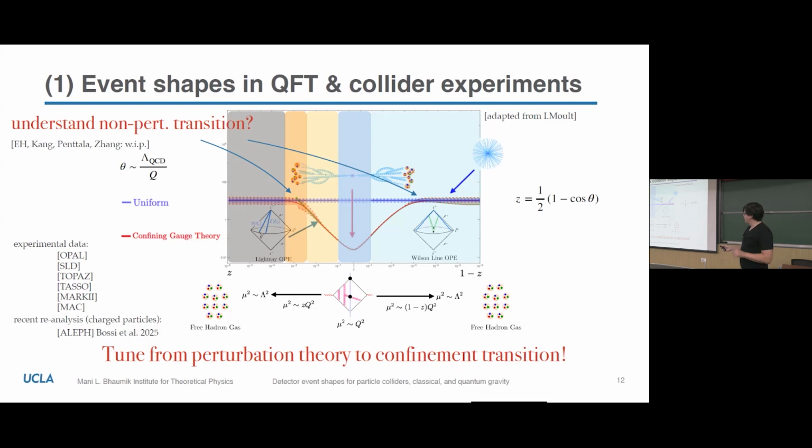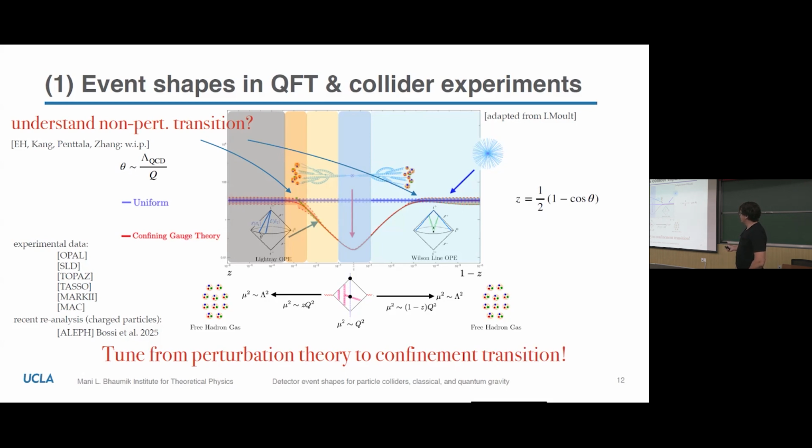But then you have this kinematic variable, this opening angle, and you can use this angle to tune your renormalization group scale. The relevant scale at particular angles, especially if you tune either to very small angles or to angles close to pi, is not the virtuality itself, but z times this virtuality.